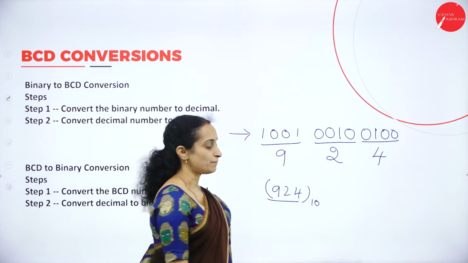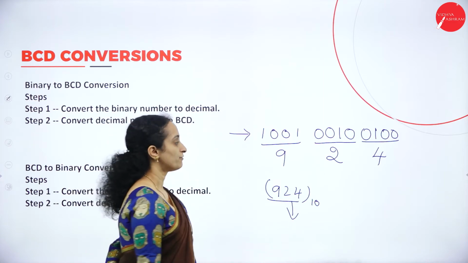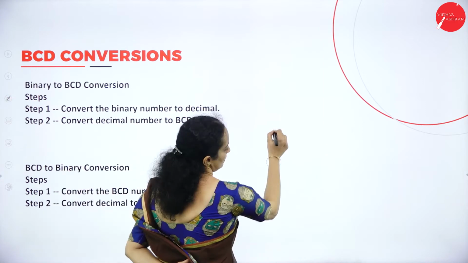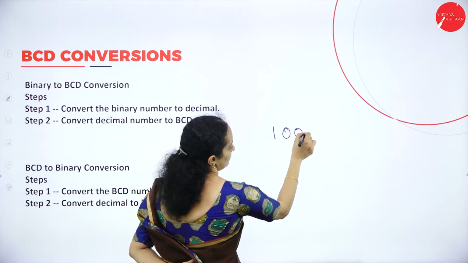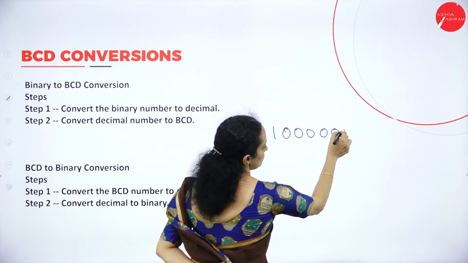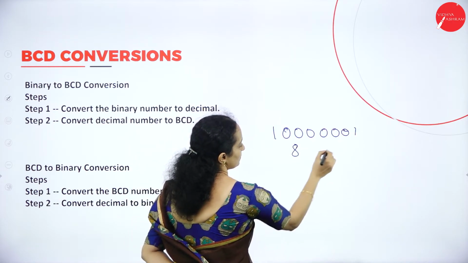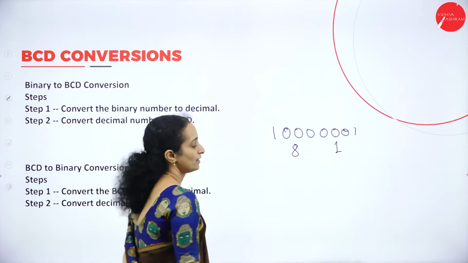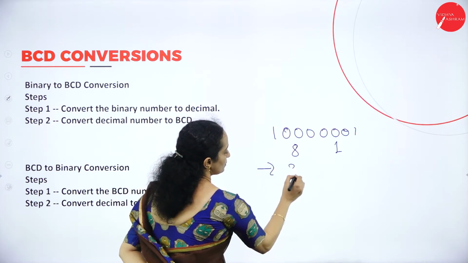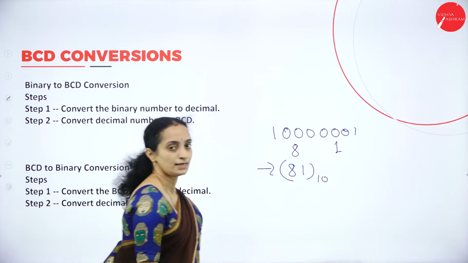Now this 924 can be converted to binary, or if you take a simple example, 1000 0001. So this will be 8 and 1. Okay, the decimal representation of this will be 81 to the base 10.